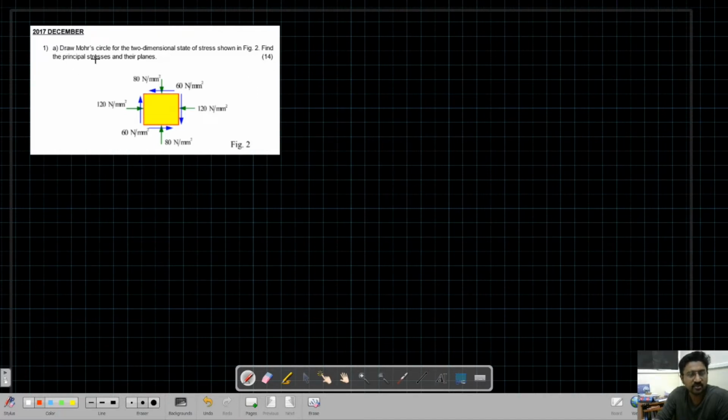The question is, draw Mohr circle for the two-dimensional state of stress shown in figure 2. So this is a figure. Find the principal stresses and their planes. So what we have to find is the principal stresses and principal planes.